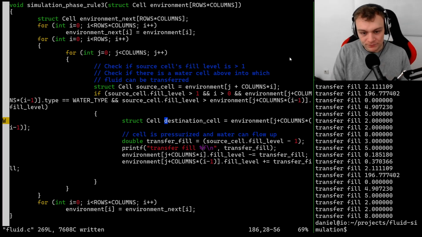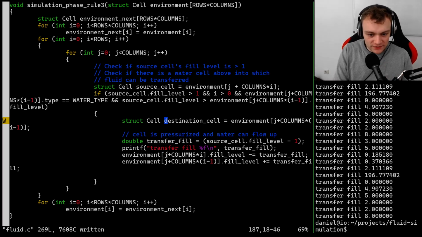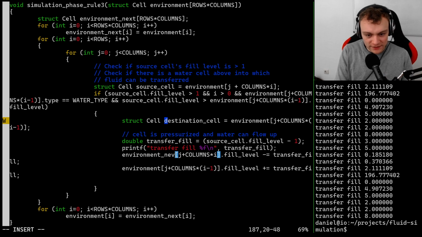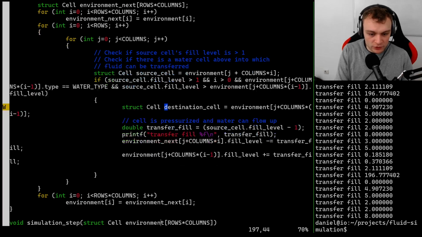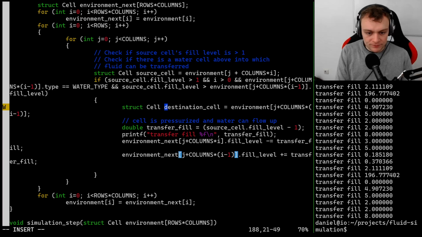Yeah, I know why. Because we have to write into the environment next. Because we're simulating based on the current environment, we're writing the values into the next environment, and then we're copying the next environment into the current environment. So let's see what happens now.